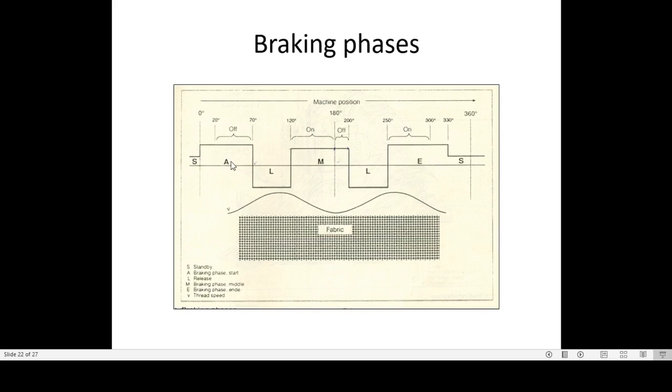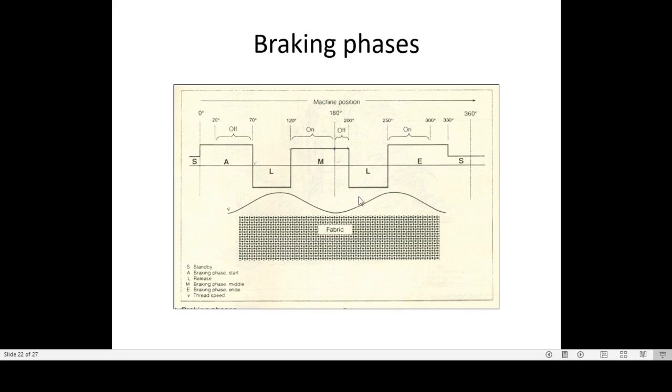So here at the start the velocity increases. When velocity increases we are releasing the brake, and when the velocity drops we are applying the brake. Again when velocity increases we are releasing the brake, and again when velocity drops we are applying the brake.